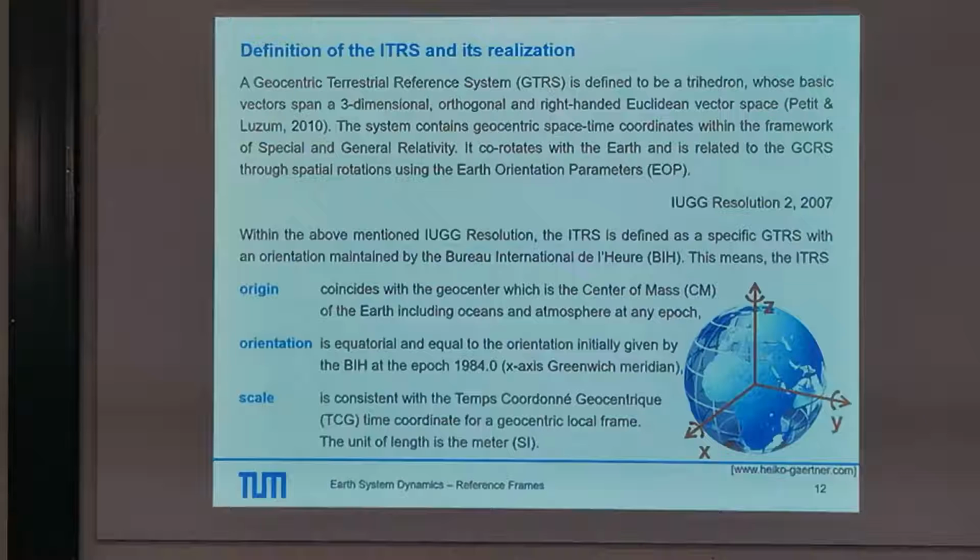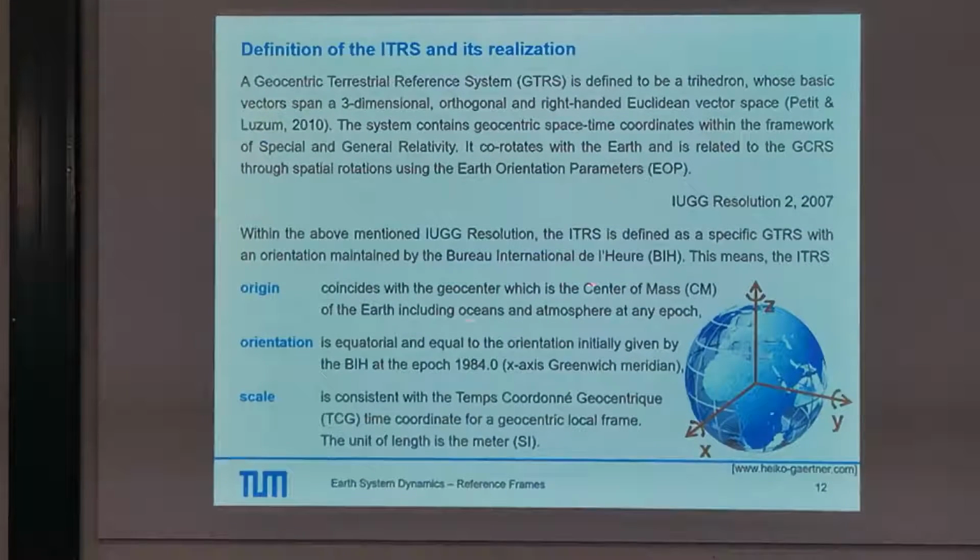So you have to take the whole Earth system into account, and the barycenter of this system is then the geocenter. So the center of mass of the Earth and the fluid envelope, which means including the oceans and the atmosphere, at any epoch. So this is a really stable point in time. That is always the origin. Coordinates are 0, 0, 0.